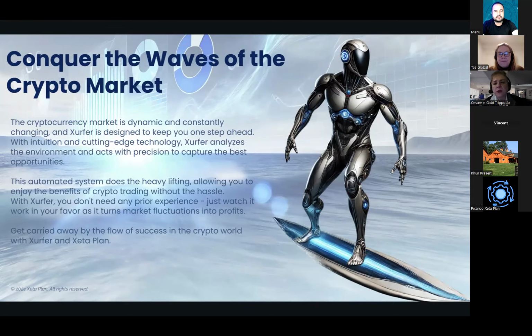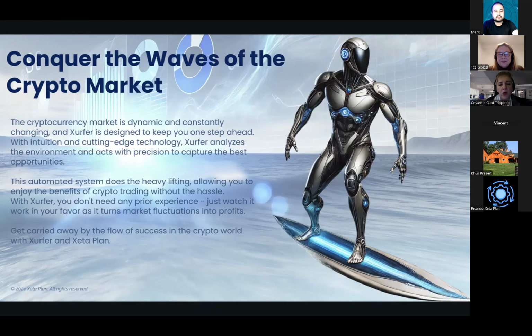With its intuition and cutting-edge technology, Surfer analyzes the environment and acts with precision to capture the best opportunities and movements in the market. So it's time to get carried away by the flow of success in the crypto world and do it with Surfer and Xetaplan. In order to join, make sure to reach out via Calendly so we can get you started right away.